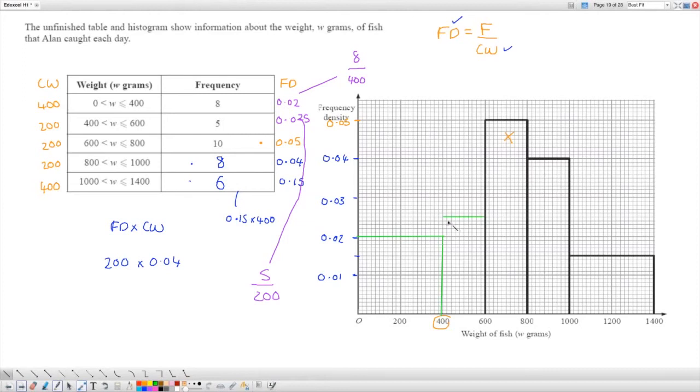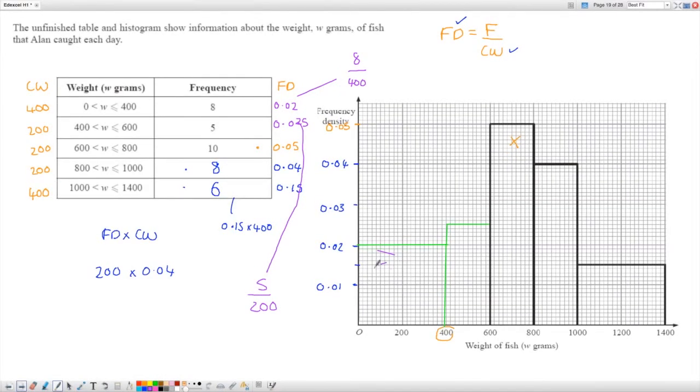That gives us our bar. So we can see now that our first bar is shown here and our second bar here. So now we have a completed histogram and a completed frequency table with our working out for class width and frequency.